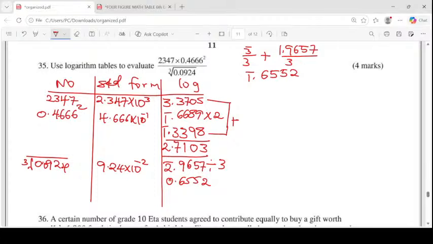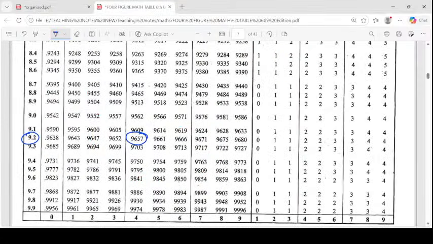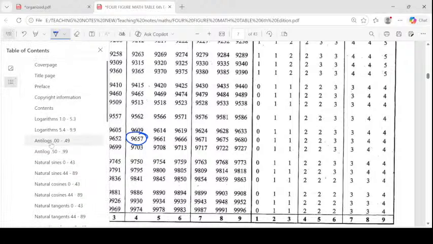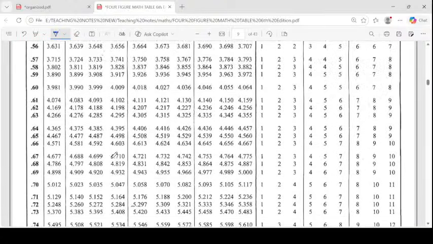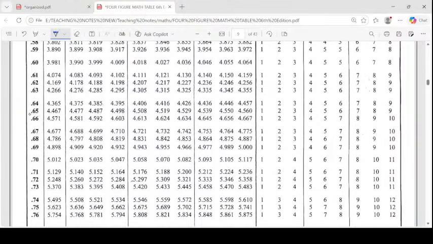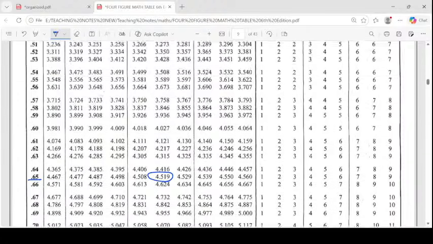So this is 0.6552 that way. After getting it that way, now we are going to read the antilog. This will become 10 power 0 multiplied by the antilog of 0.65 then 5. 0.65 is here, then 5 is here. 4.519.